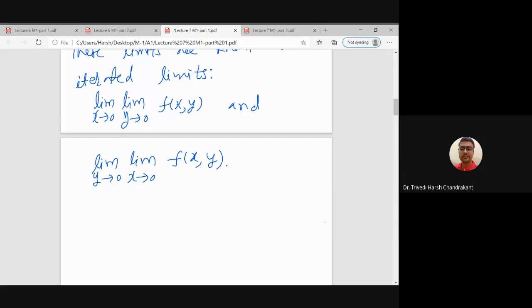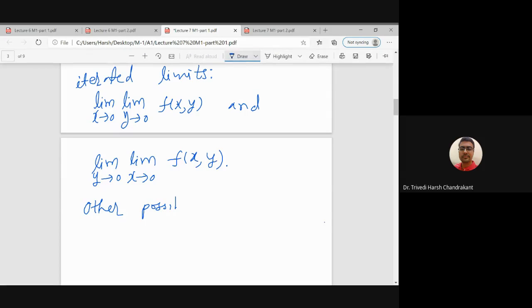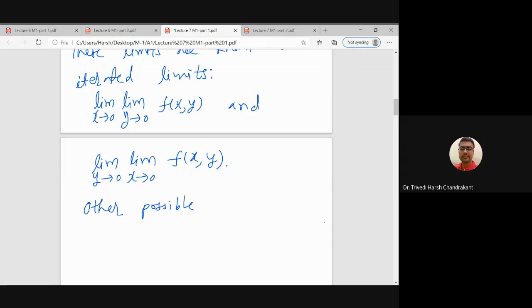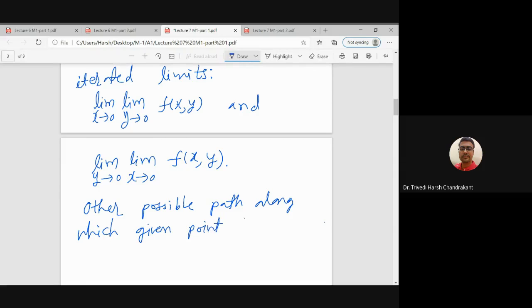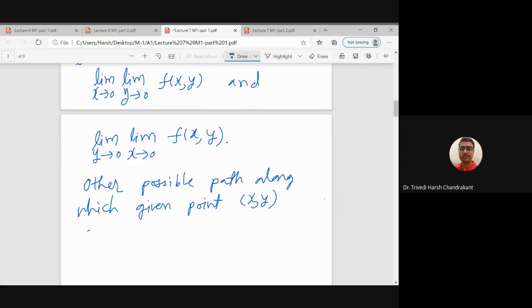The other possible path along which the given point (x, y) approaches (0, 0) is y equals mx.